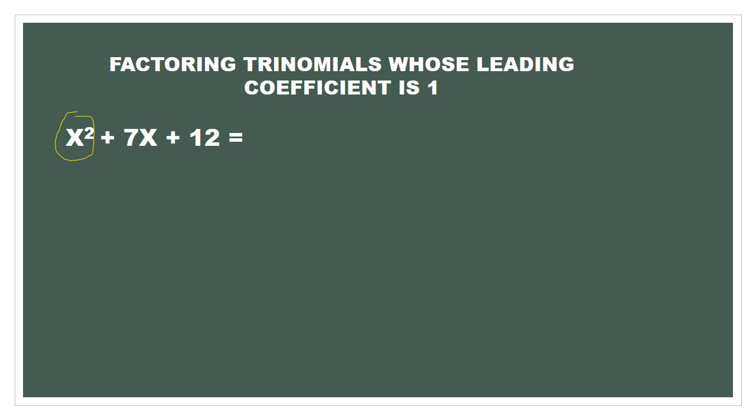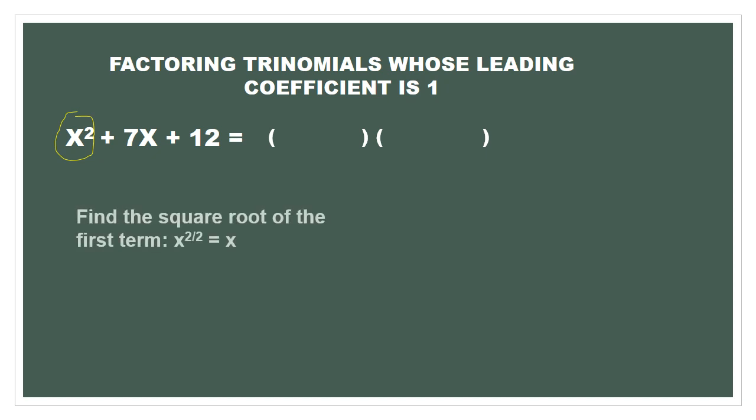Okay, so this time, we're going to make two sets of parentheses. Kasi, ang sagot ng mga trinomials, pag finactor ito, is always two binomial factors. Okay, gawa na tayo ng parentheses. Then, follow these steps.